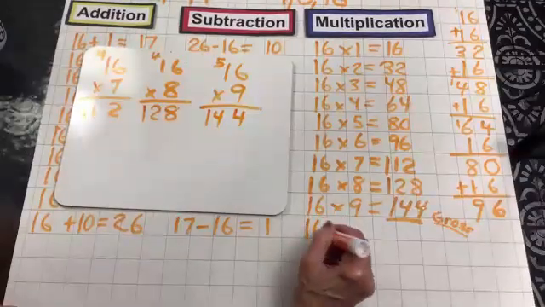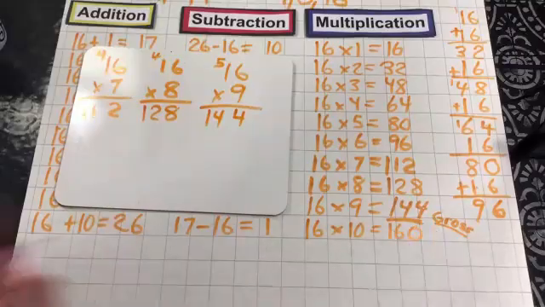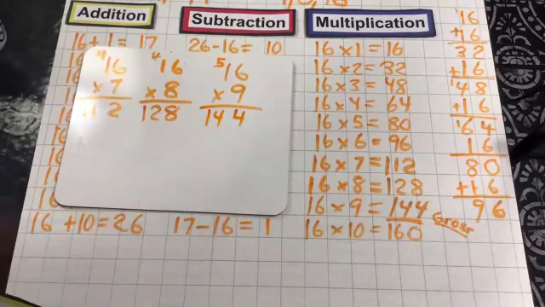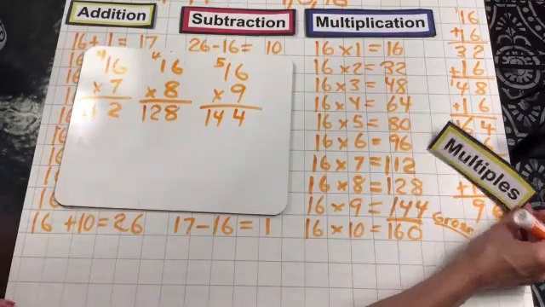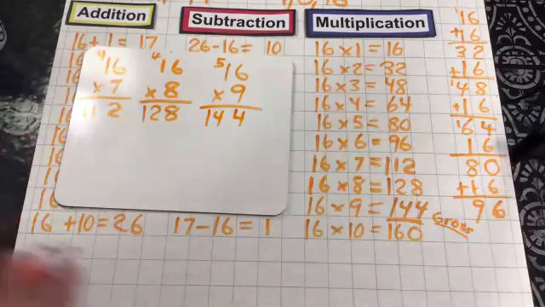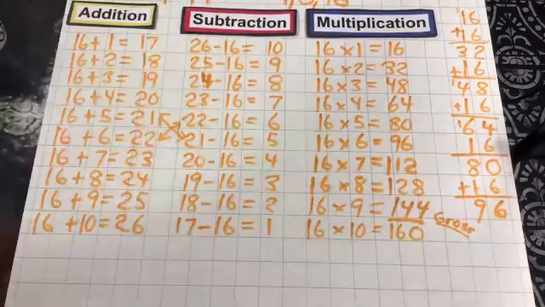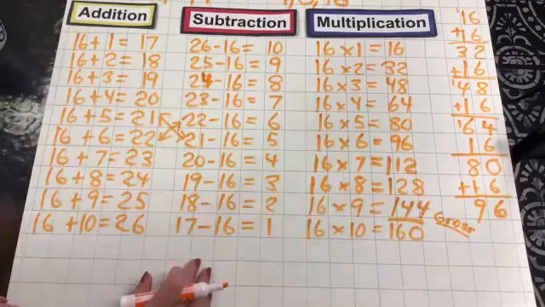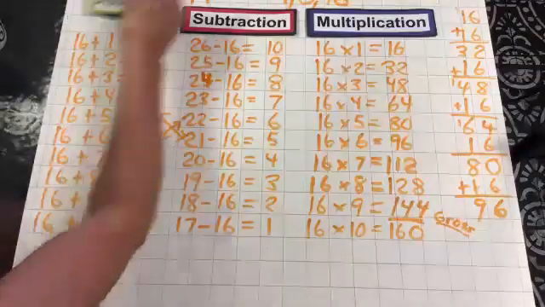Fun fact, 16 times 10, of course, is the number with a 0, 160. All right, so we remember that all of our answers for multiplying 16 by all these numbers are multiples of 16. Let's move on. Ooh, that's a lot. Hopefully you got all that done before we even started and you just were making corrections or saying, ooh, I got them all right.